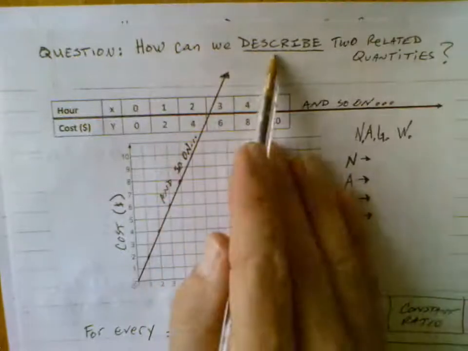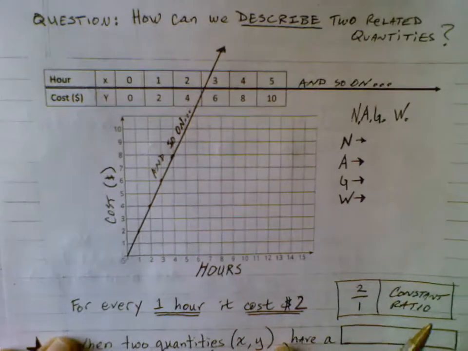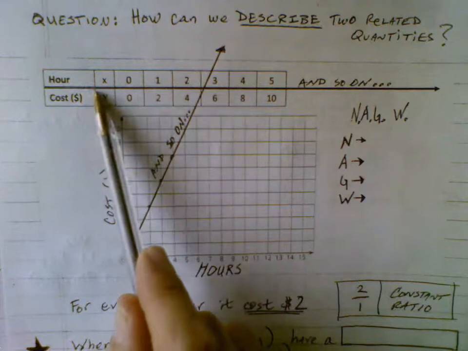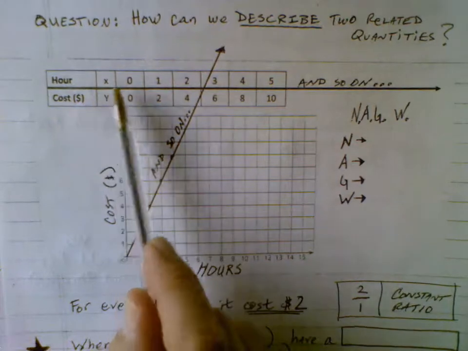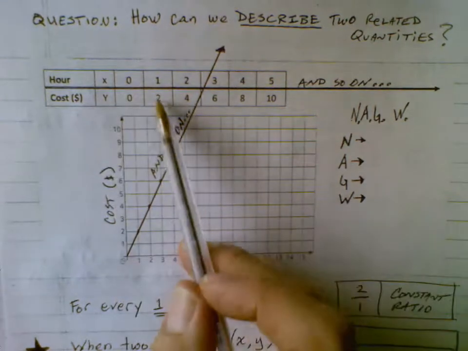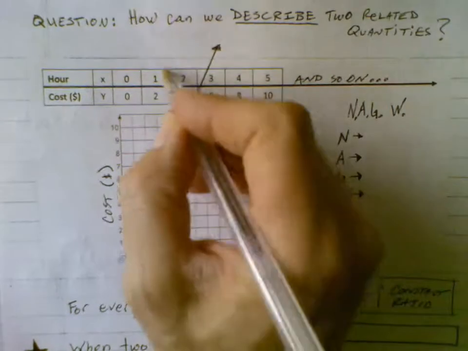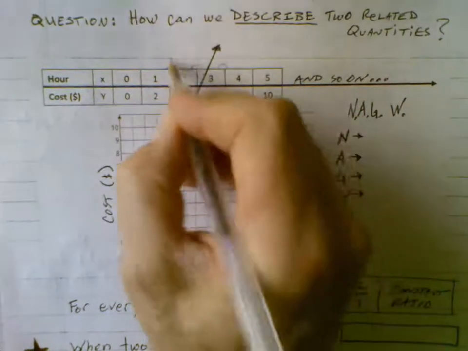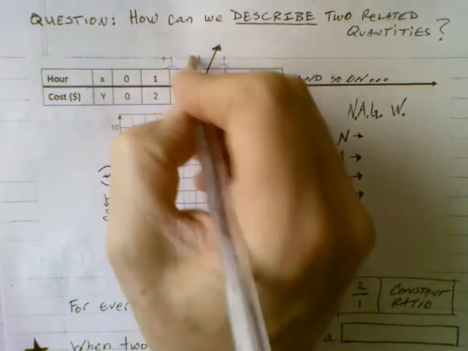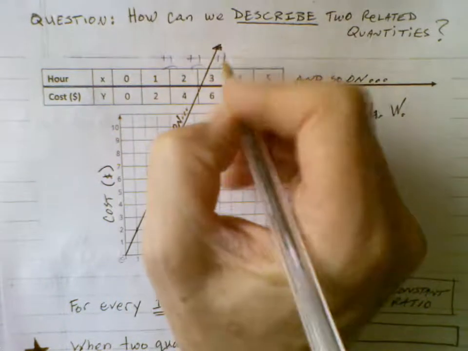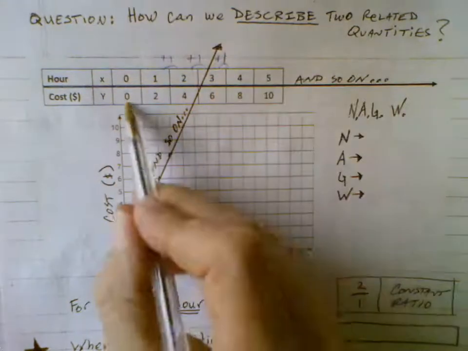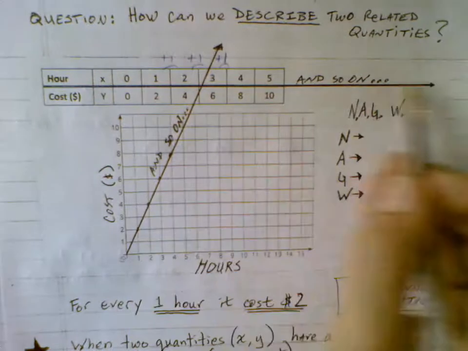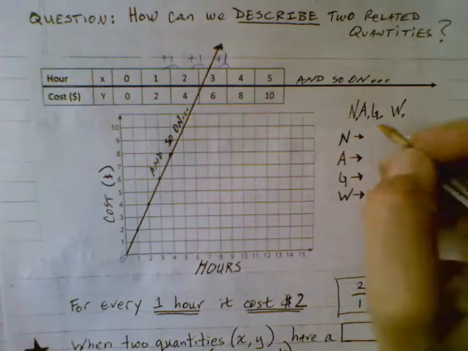How can we describe two related quantities? Well, if you want to do it with a table, we start here and we can see that there seems to be a change of 1 at each step. I'm adding 1, where at the bottom, I'm adding 2. Well, this table would just go on forever. And this is an example of using numbers.